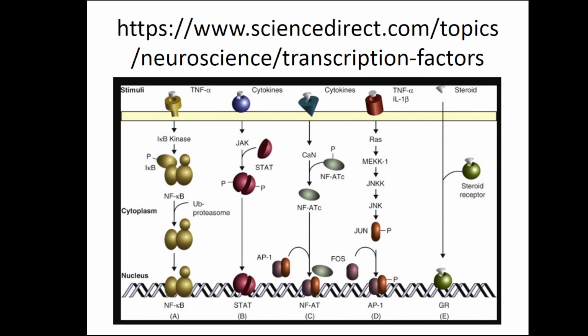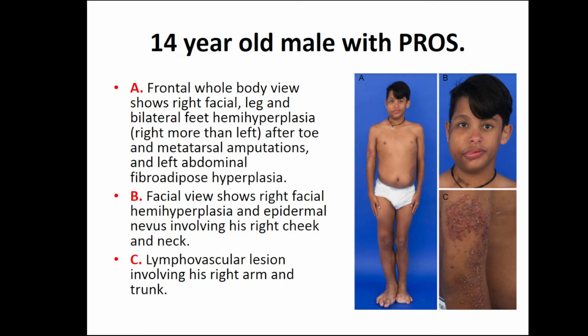And here you can look again at different transcription factors which have an effect and can have cross-talk. And some more examples of diseases connected with signaling pathway dysregulation and transcription factor damage. The first example is a 14-year-old male with PROS.